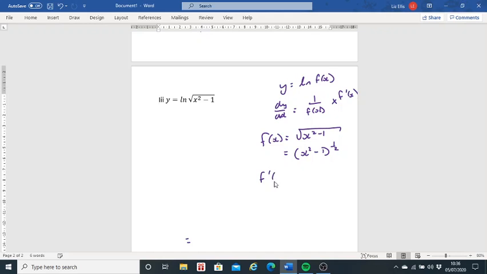So when I differentiate this, half comes to the front, take 1 off the power, and hopefully you recognize the chain rule as well, times by the derivative of what's inside, which is 2x. Now a half times 2x is x, so I'm left with x times x squared minus 1 to the minus a half.